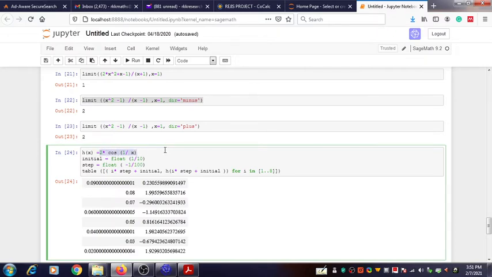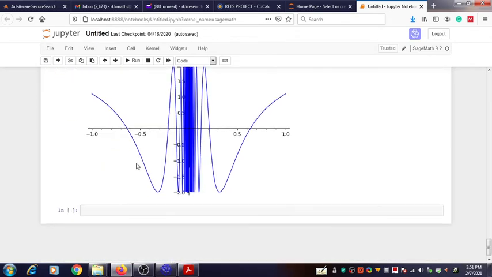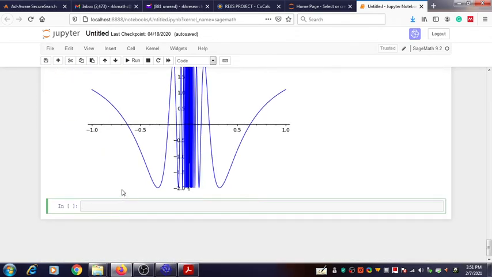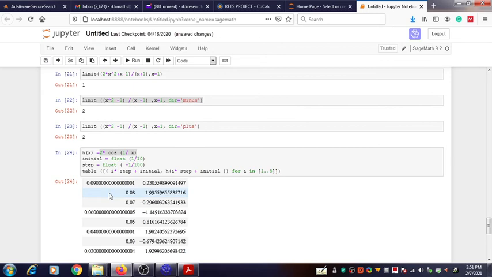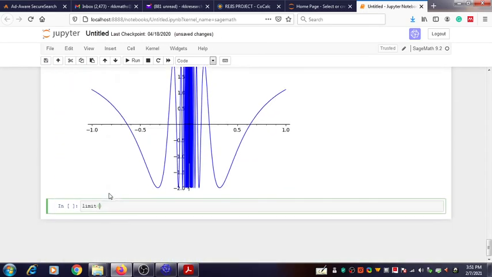I'm going to copy that function. Then limit, and inside that we use a bracket, and once again another bracket, and then the function can be copied.